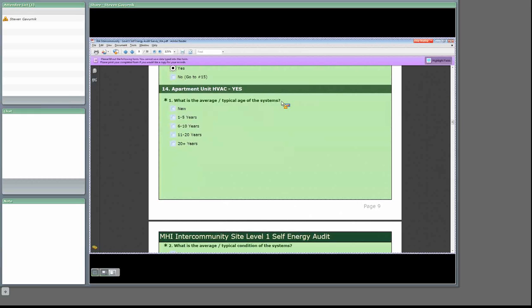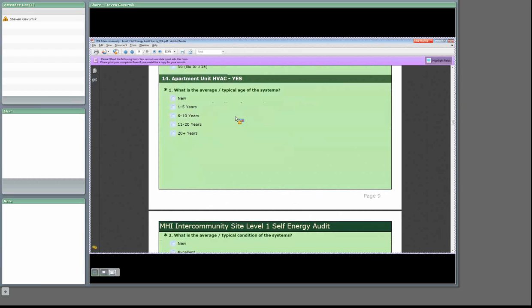In section 14, what is the average typical age of the systems? Now, as in the central system, it was one system or several systems you're looking at. In the case of multiple systems, we want to know the general age of the majority of them, not just the individual one. We know that you may have new units in part of the apartment, but we want to know the general age.